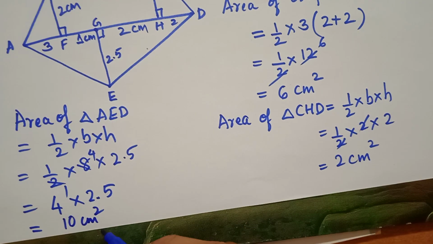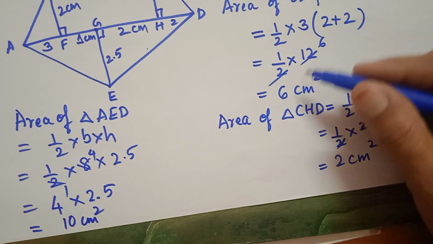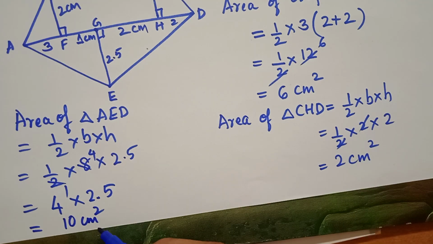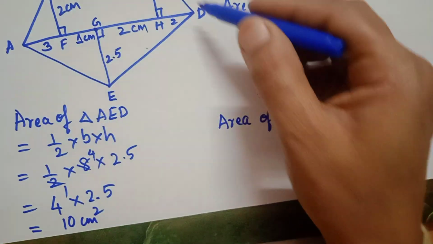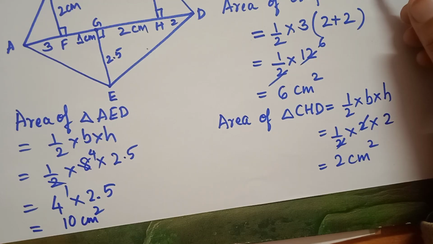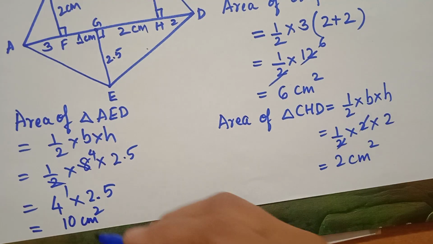So what is the total area of the polygon now? 3 centimeter square plus 6 centimeter square plus 2 centimeter square plus 10 centimeter square. So the total area of the polygon AEDCB is how much? 3 plus 6 plus 2 plus 10. What's the value?